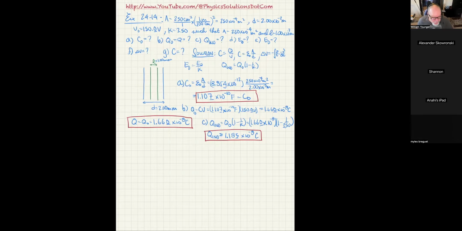Now I'm going to go on to part D. In part D, we were asked for the electric field, specifically before we put the dielectric in. So remember, the electric field is equal to the voltage divided by the distance, or alternatively, the voltage is equal to the electric field multiplied by the separation between the plates.